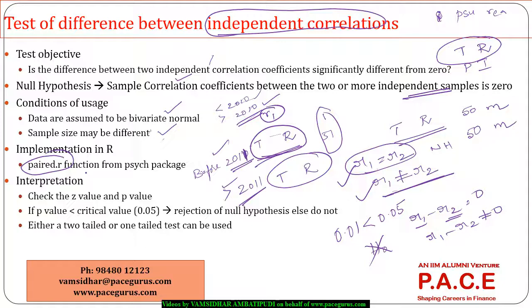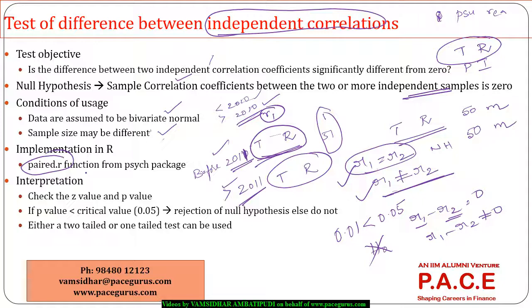So we need to be very clear. Generally what people do is, for the relationship between two variables, they want to compare, okay, is it similar across gender? Is the relationship between two variables, let's say income and expenditure, similar between males and females? In that case, I can very well look at the difference between the independent correlations.